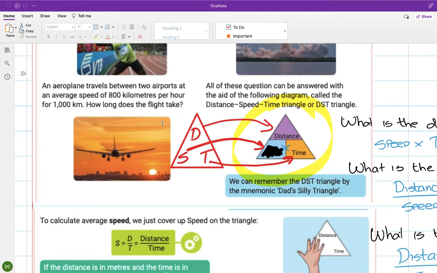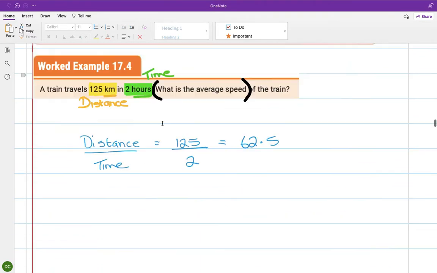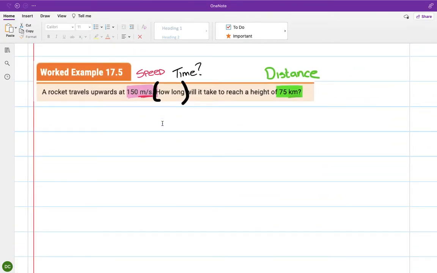So we go back up here. Time is what we're looking for, which means I cover it. The formula reveals itself, distance divided by speed. So I go back down here and I write distance divided by speed. Okay, the distance is 75.